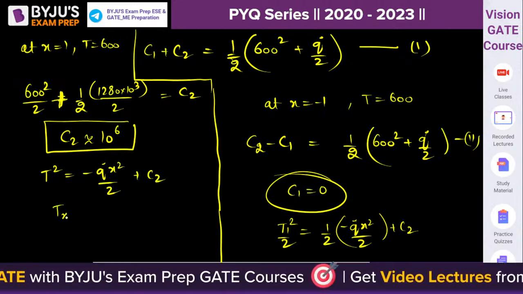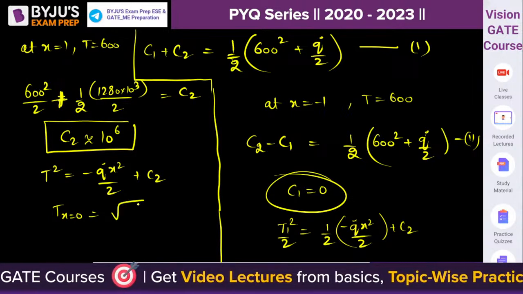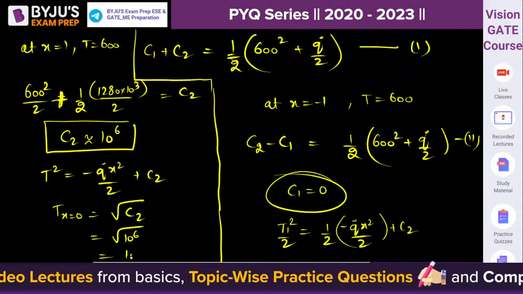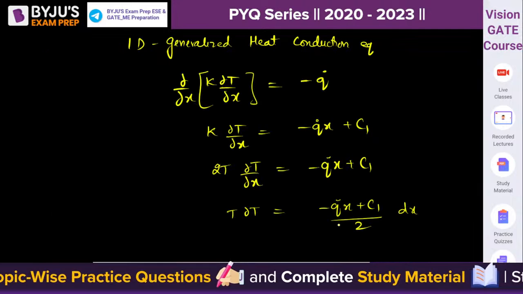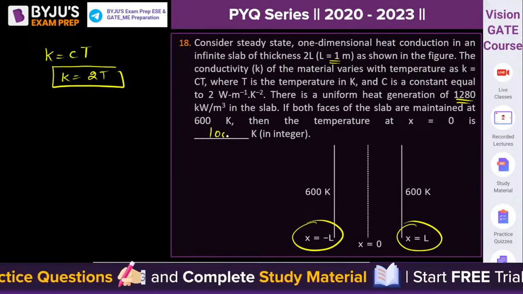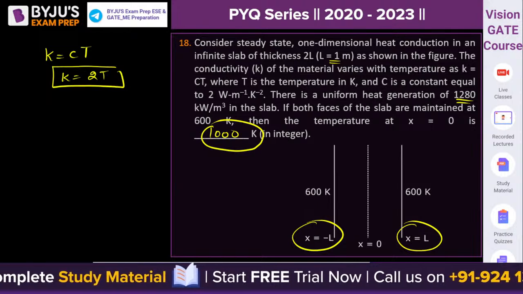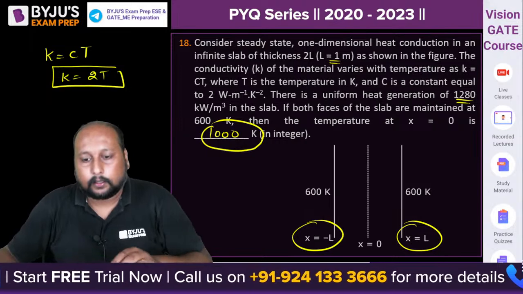So at x equal to 0, T will be equal to under root of C2, which is under root of 10 to the power 6, that is 1000. So the temperature at x equal to 0 will be simply 1000 Kelvin. So 1000 Kelvin is the correct answer. This was a 2 marks question that we got, right?